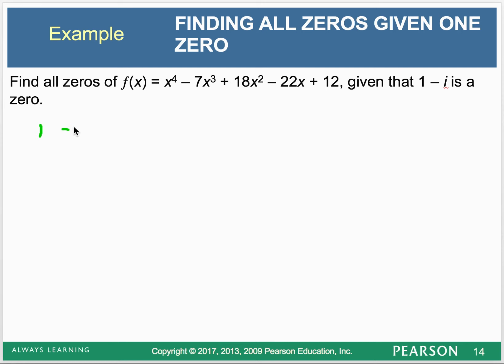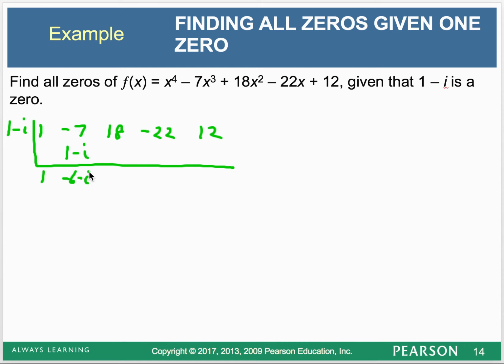So 1, -7, 18, -22, 12, and then 1 minus i. Okay, bring the 1 down. So that's still 1 minus i. Remember, we did these last time, so you only add the real parts and the imaginary parts, and this imaginary part is 0. So -7 plus 1, so that's -6 minus i.